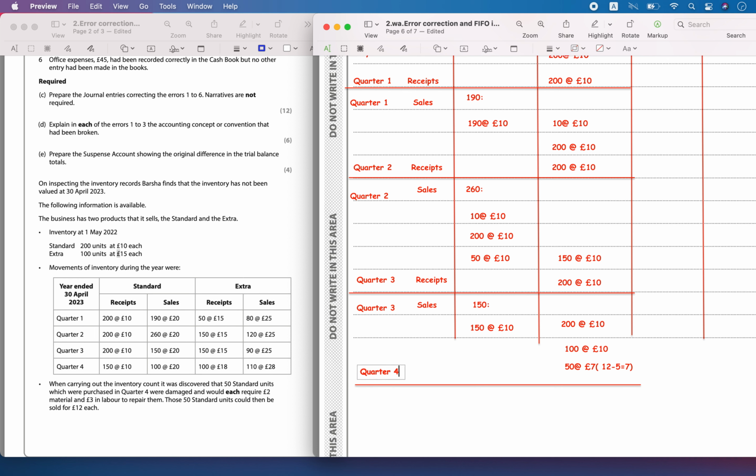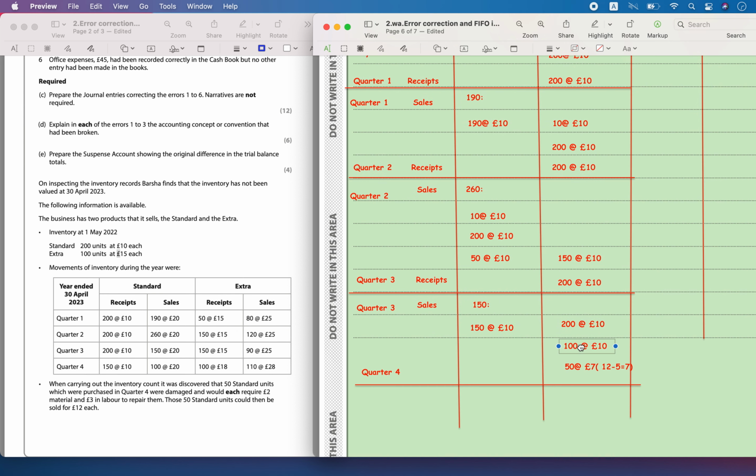Let's write first the receipts and then issue the sales. That was the total inventory balance at the end of quarter 4.